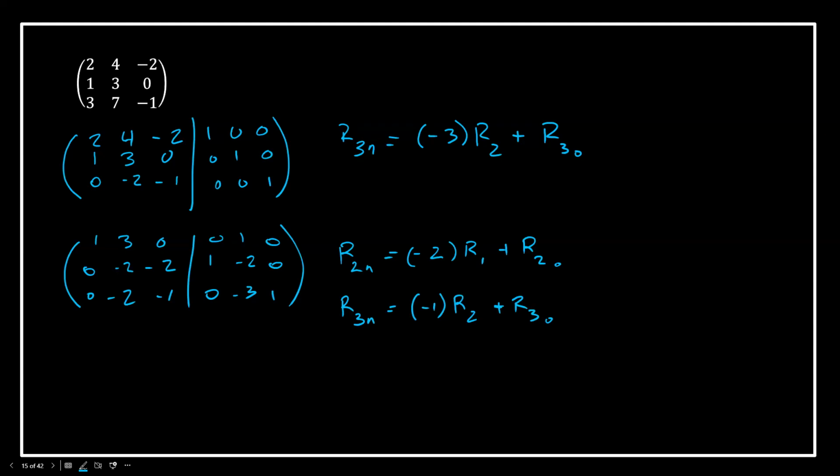This times -1 is a 2, and 2 minus 2 is 0. Then -2 times -1 is 2, minus 1 is 1. Now we have the same operation here, where we have -1 times this, added onto here. This will become a -1 in this element.